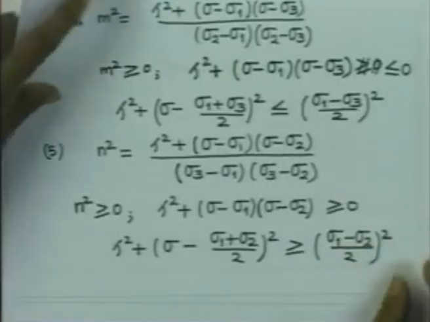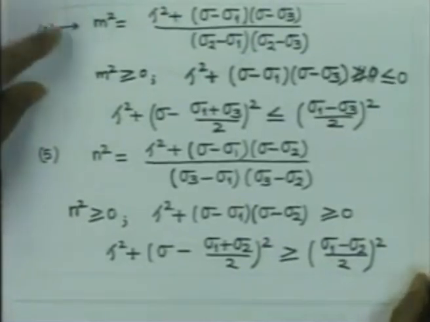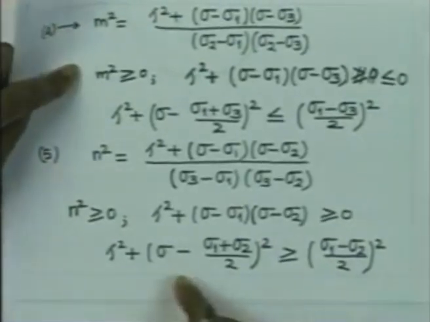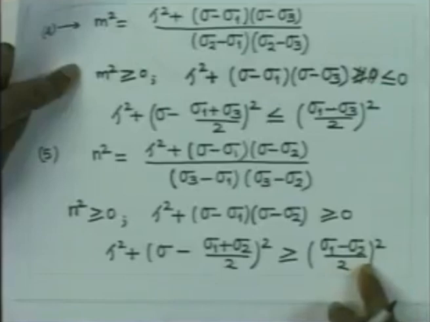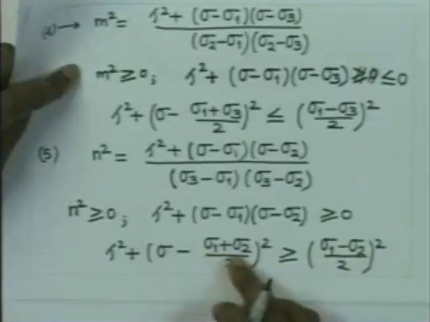So, this indicates that when the stresses are lying on this circle, the circle would have radius of sigma 1 minus sigma 2 by 2, and center is at the center of sigma 1 and sigma 2.